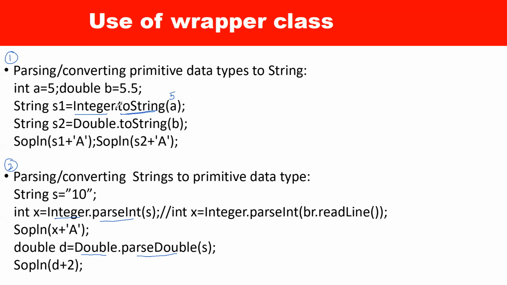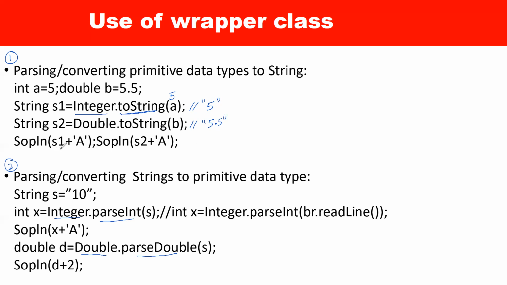So s1 will become 5, the integer 5 gets converted into a string by the use of the toString function. Similarly, Double.toString again converts the accepted argument into a string. Fine, so this will also become a string.